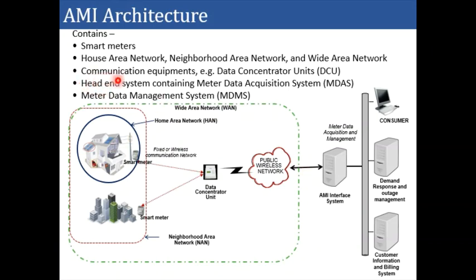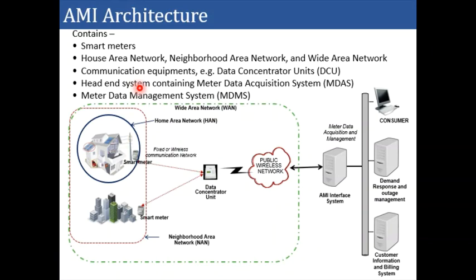Now we require various communication equipments such as data concentrator units. So you can consider them as a repeater or the gateways. So they acquire data from various smart meters, so concentrate the data and then send the consolidated data over the network to other AMI systems such as metadata acquisition system or the metadata management system.